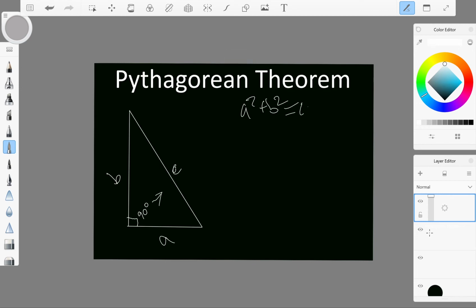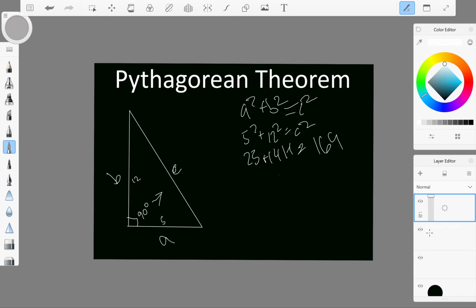Okay. So let's try 5, 12, and then let's try and find C squared. So 5 squared plus 12 squared equals C squared. 25 plus 144 equals 169.